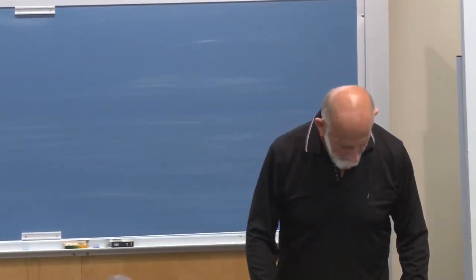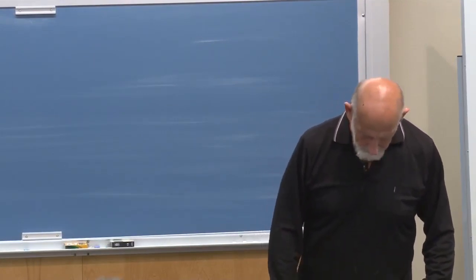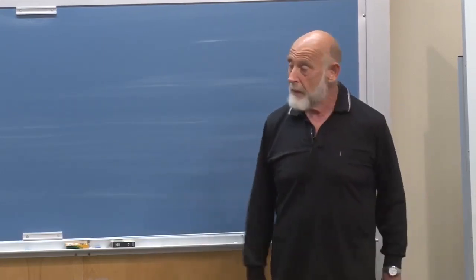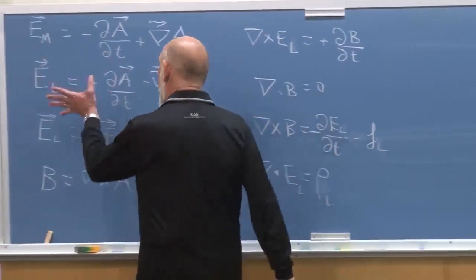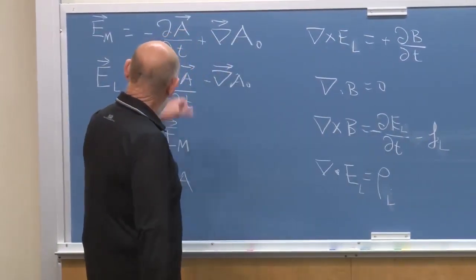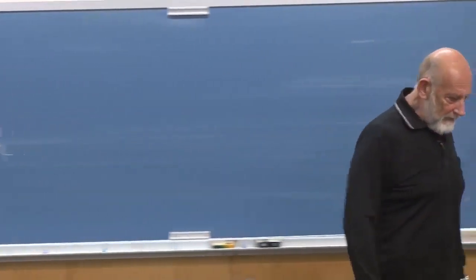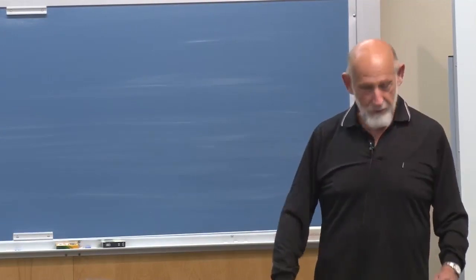Through partly historical glitches and partly glitches in my own notes, I wound up with a notation for electric field which was the opposite of the Maxwell, and so we wound up with some minus signs. The importance of it is just to be consistent, to carry through consistently.